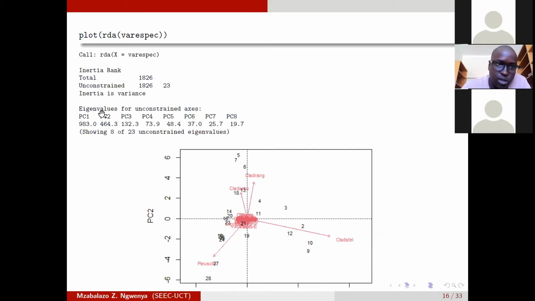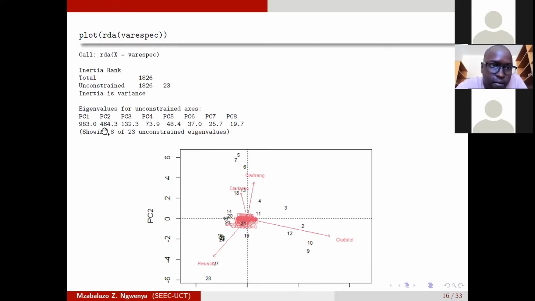As it says, the eigenvalues for unconstrained axis. So this is the unconstrained ordination, and as your output, you'd get information on the inertia. Inertia relates to the variance for a multivariate data set. Then you also get out your eigenvalues for each of our axes.